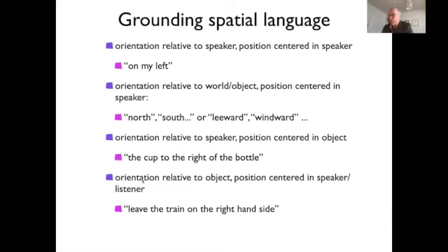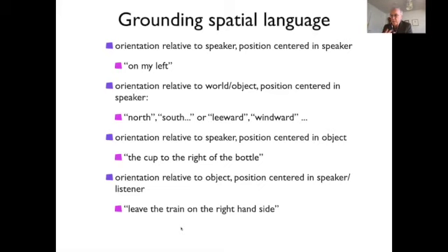And you can also have the orientation relative to the object and the position centered in the speaker. For instance, you have that here in the trains in the region: leave the train on the right-hand side. I think in German they say in Fahrtrichtung rechts, so they make it explicit that the orientation is anchored in the train, and the train has a particular orientation by its velocity vector, and then relative to that orientation, on the right.